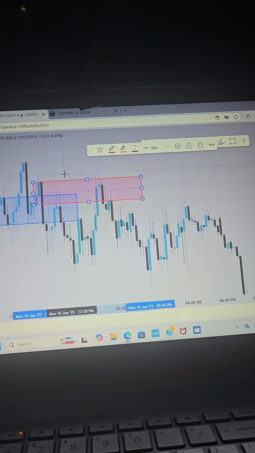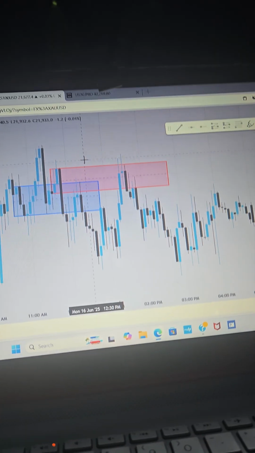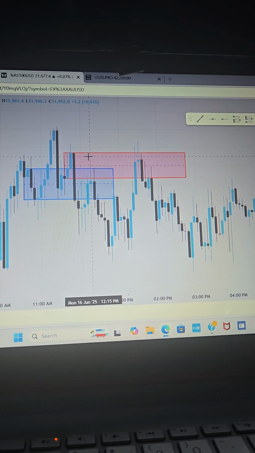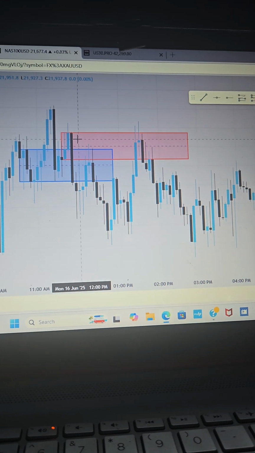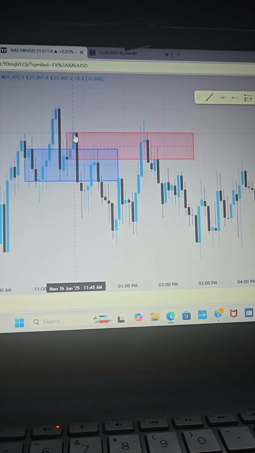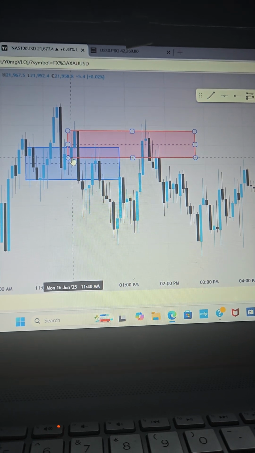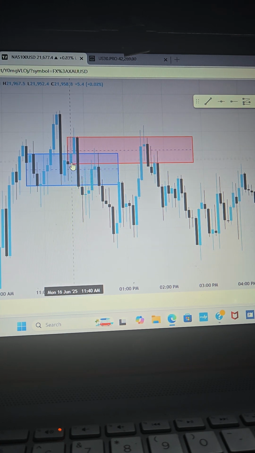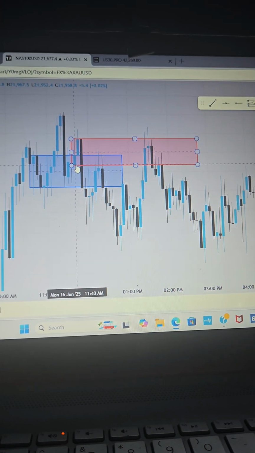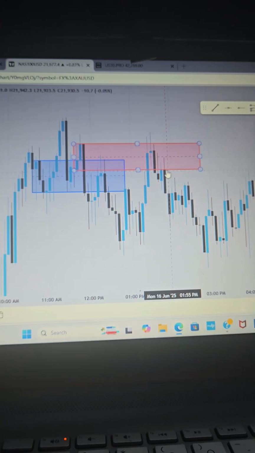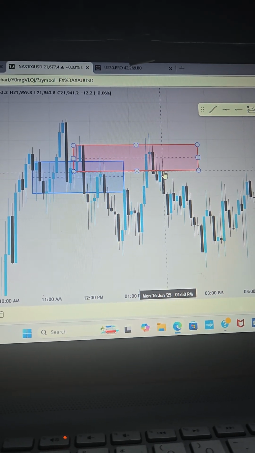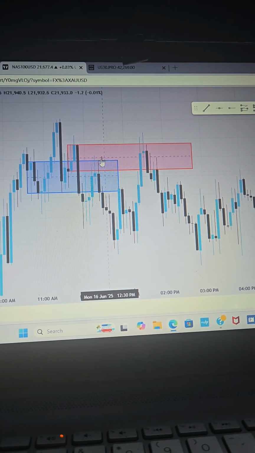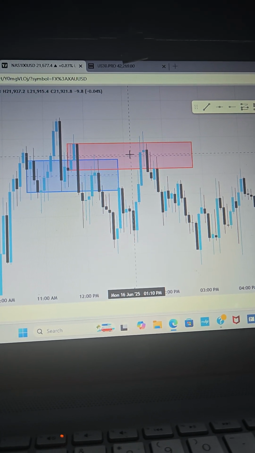So what makes this order block a winning order block in this mitigation block is that this open here, this is the order block. See how it came back there? Then this is the rejection block.